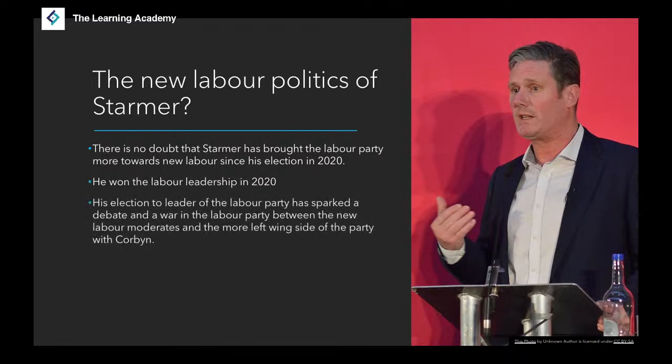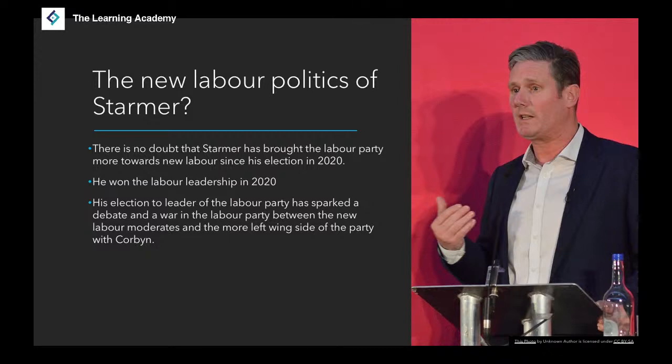We could then talk about Starmer's actions. Okay, so his election as leader of the Labour Party has sparked a war in the Labour Party between the New Labour moderates and the more left-wing side of the party, with Corbyn and Rebecca Long-Bailey and the likes of these individuals.